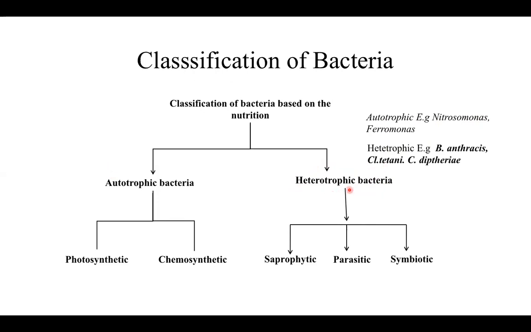They are known as heterotrophic bacteria. The examples are Bacillus, Clostridium tetani, or Corynebacterium diphtheriae. Autotrophic bacteria are further classified into photosynthetic and chemosynthetic bacteria. Heterotrophic bacteria are further classified into saprophytic, parasitic, or symbiotic bacteria.